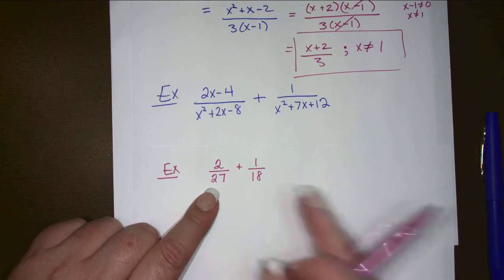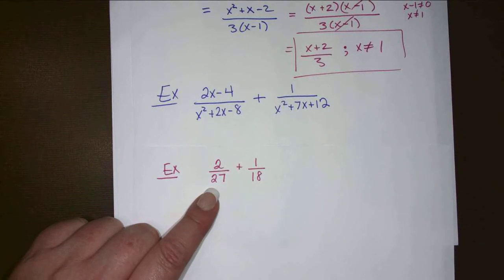But what is the lowest common denominator? So do we multiply 27 times 18 and use that as the denominator? You could. But it's not necessarily the lowest, and then the number's quite big. How could we find the lowest common denominator of these two without using that huge number? What do we do?